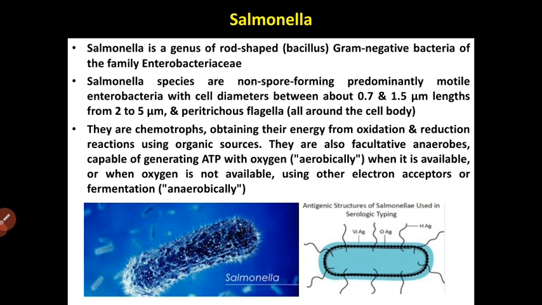They are chemotrophs, obtaining their energy from oxidation and reduction reactions using organic sources. They are also facultative anaerobes, as I told you, capable of generating ATP with oxygen aerobically when it is available, or when oxygen is not available, using other electron acceptors or fermentation anaerobically. Understood?